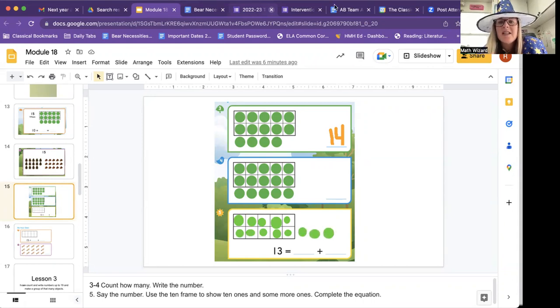And then we stop at 13. So how many more did we have to draw? Oh, they put the equal sign on the other side again. But remember we learned yesterday that doesn't matter, because 13 equals 10 plus 3. 10 plus 3 equals 13. 13 equals 10 plus 3. Very good. You can pause this if you need to while you're drawing those circles.